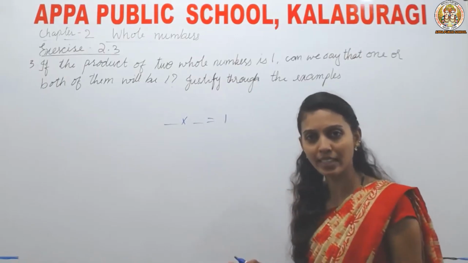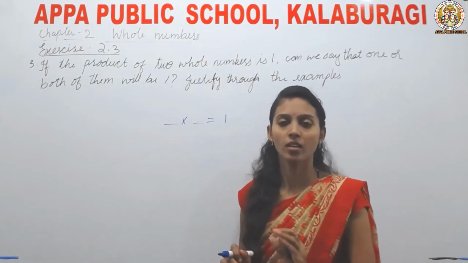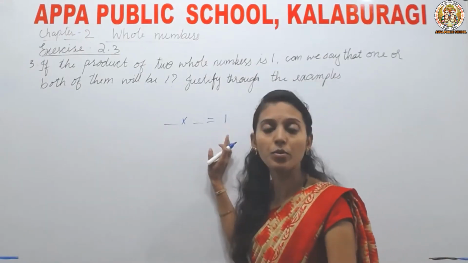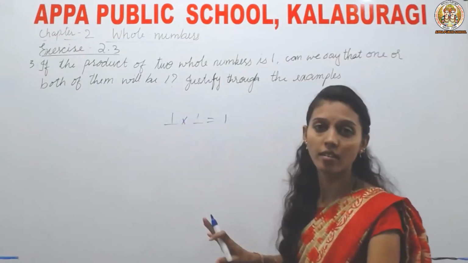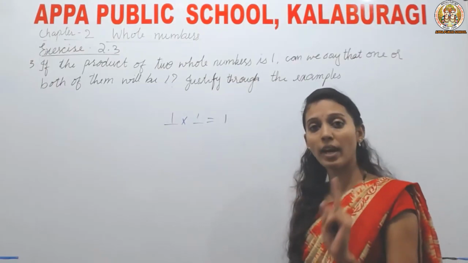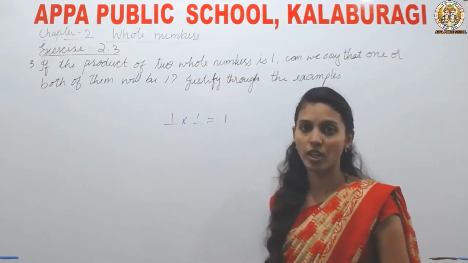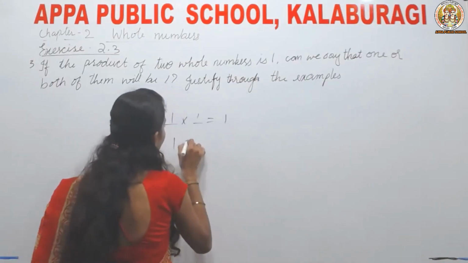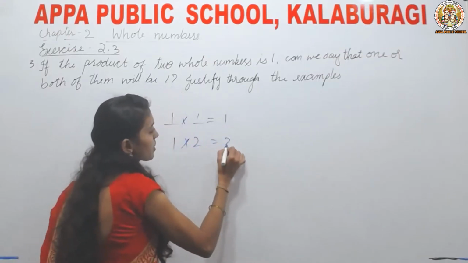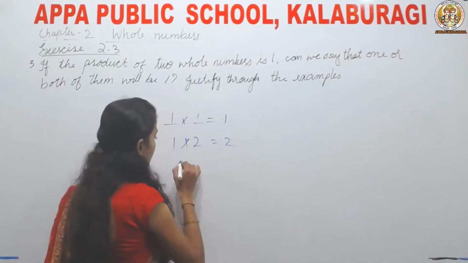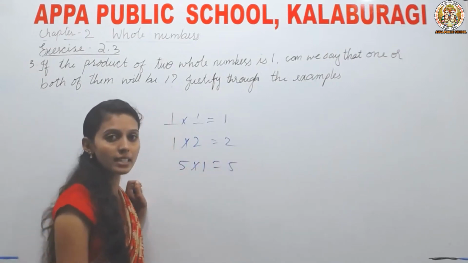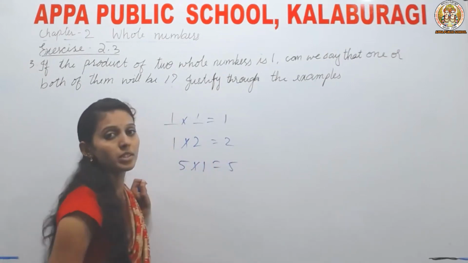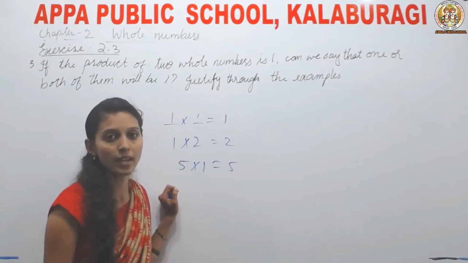Think, can we? No. See here, when the product will be 1, if both are 1, 1 into 1 is 1. But if any one is 1, and the remaining number is changed, then you won't get 1 as the product. Because 1 is a multiplicative identity, you will get the other number, not 1, as the product.